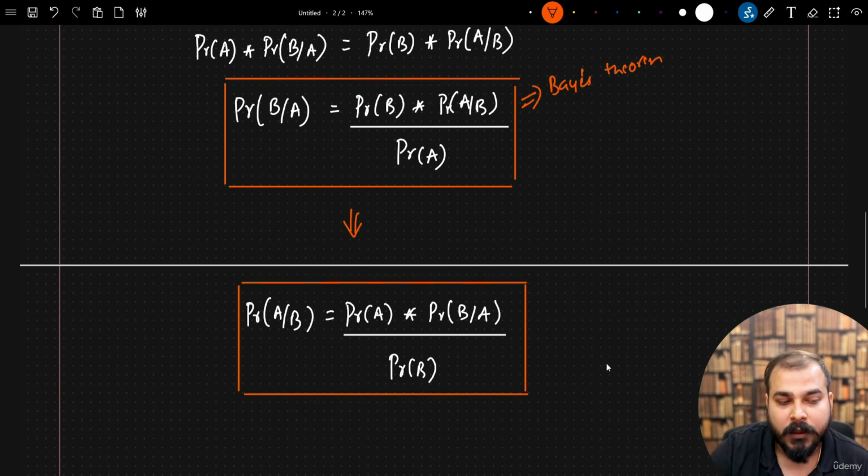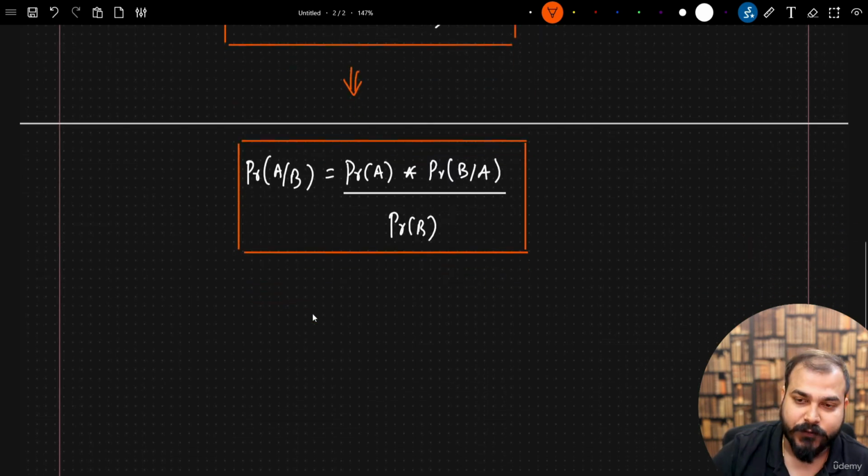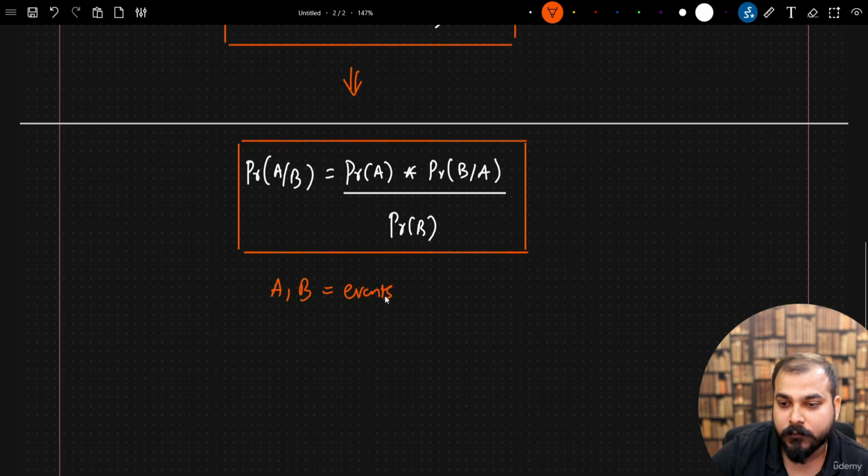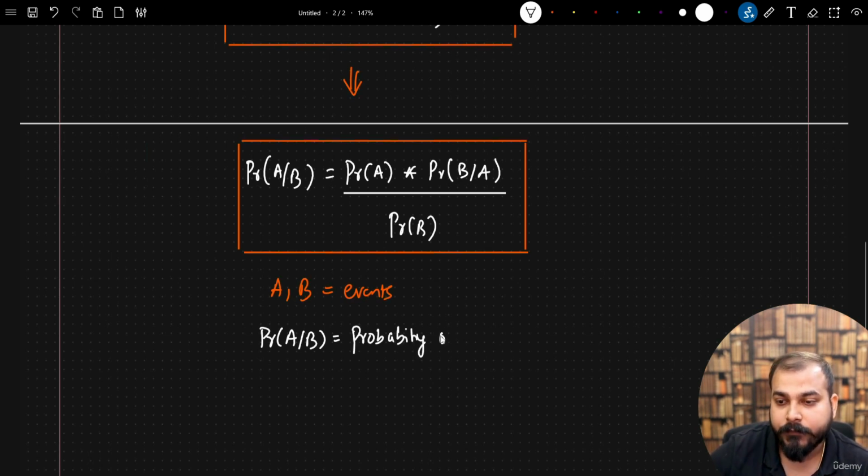Now let's understand one very important thing. What are all these parameters? First of all, A comma B are nothing but events. Probability of A given B is nothing but probability of A given B is true. When I say B is true, that event has already occurred, right?